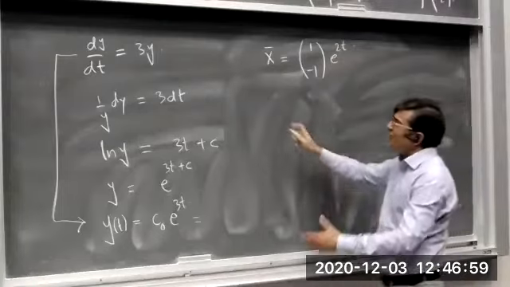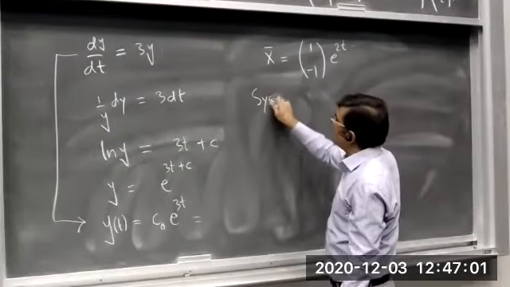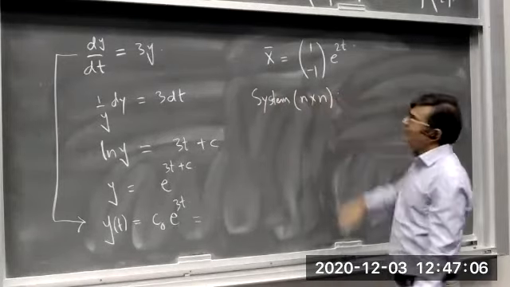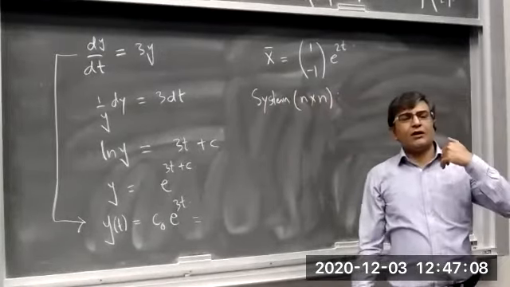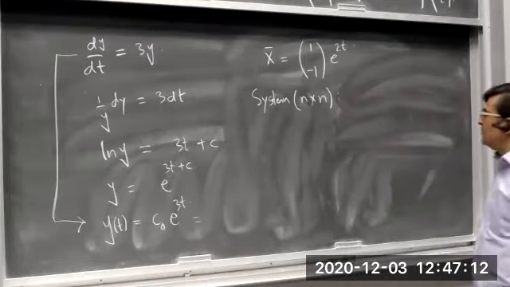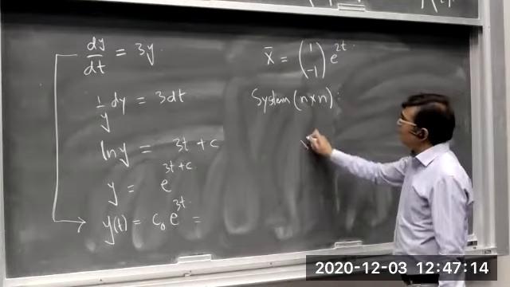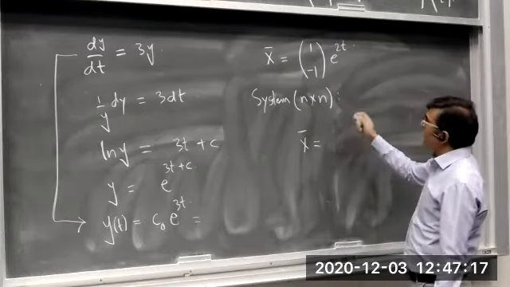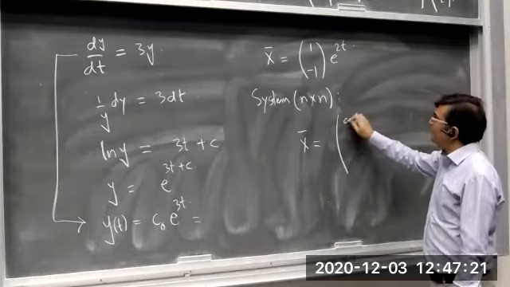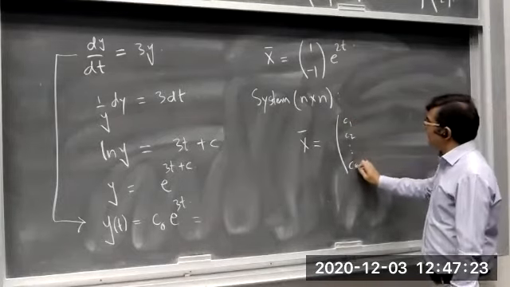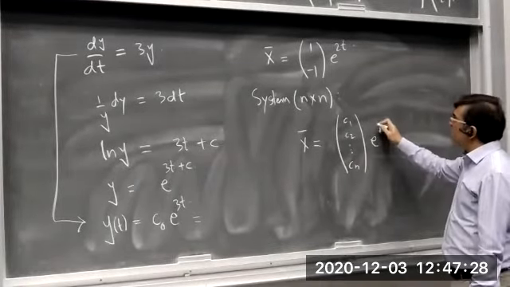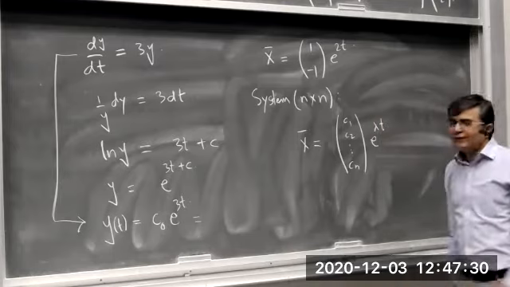If you have a system of n equations, or you can say an n by n system of differential equations, containing n differential equations in n unknown variables, then the solution will be of this form: some constant vector with entries c1, c2, and so on up to cn, times some exponential function of t.